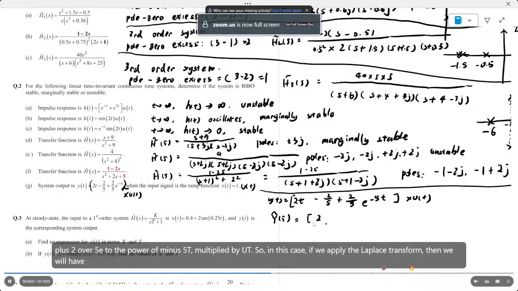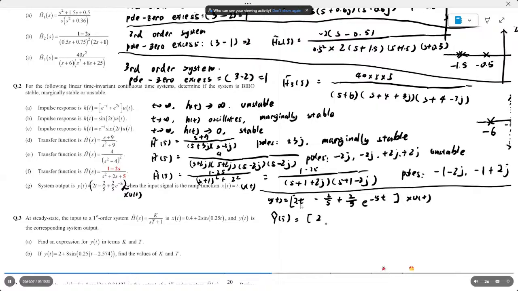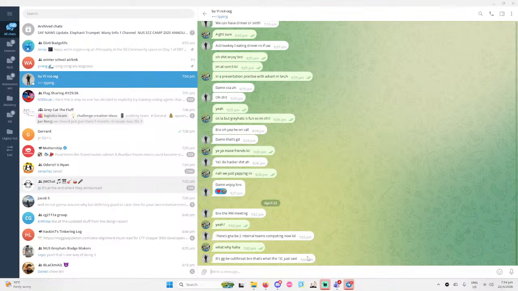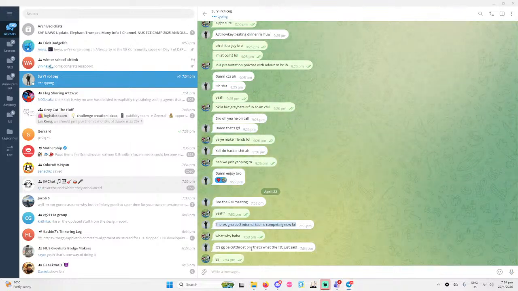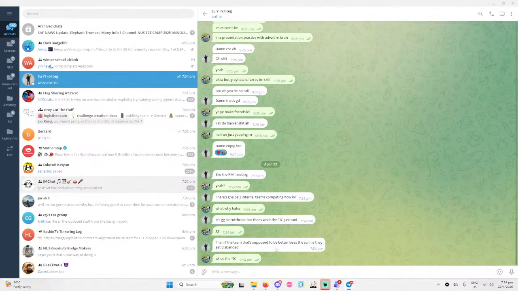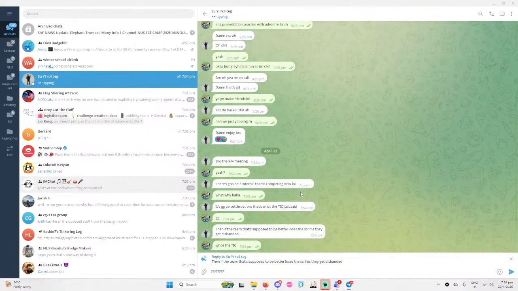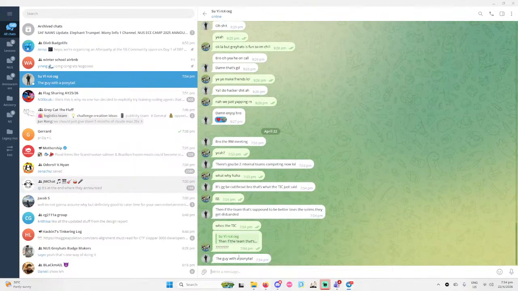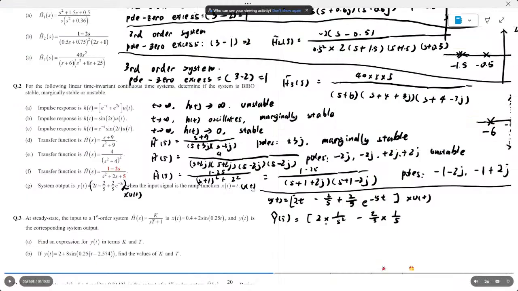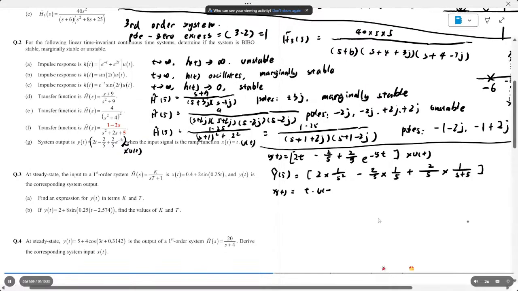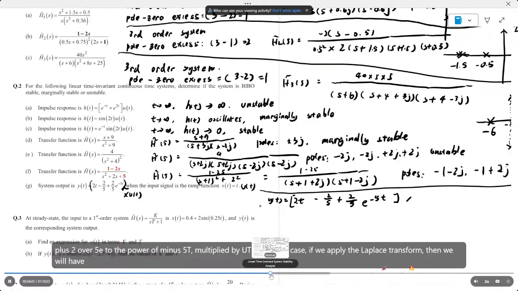So in this case, if we apply the Laplace transform, then we will have 2 multiplied by 1 over s squared minus 2 over 5 multiplied by 1 over s plus 2 over 5 multiplied by 1 over s plus 5.